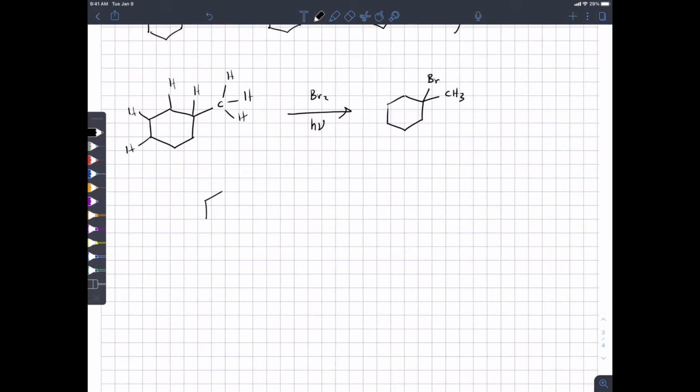And that is because the radical on the more substituted carbon is more stable than radicals on any of the other carbons in the molecule.